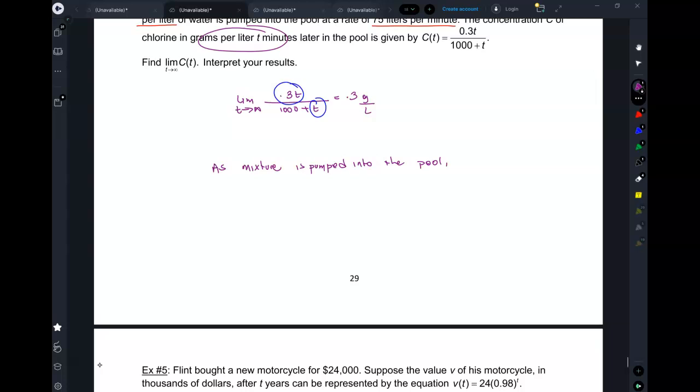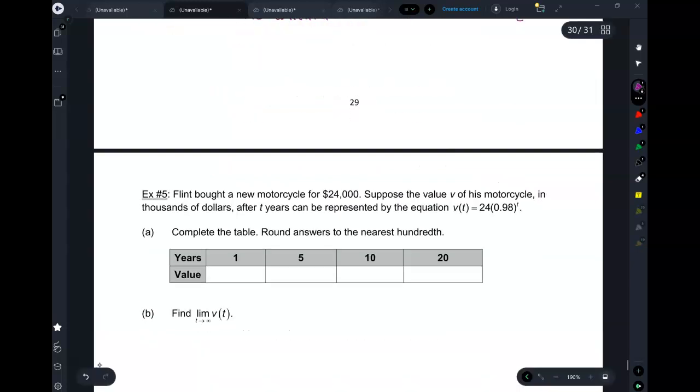So even if you are pumping this for 3 million years, the concentration is never going to exceed 0.3 grams per liter. You can also say the maximum the concentration will reach is 0.3 grams per liter. They all say the same thing.